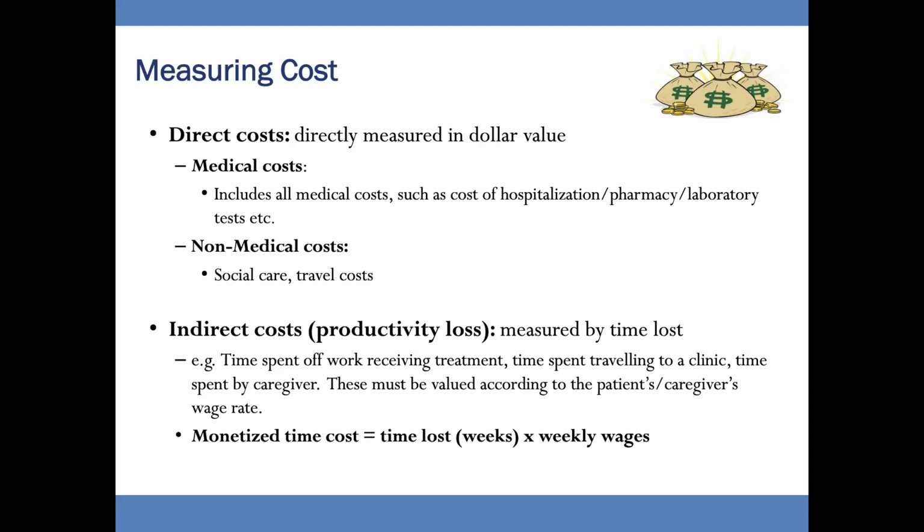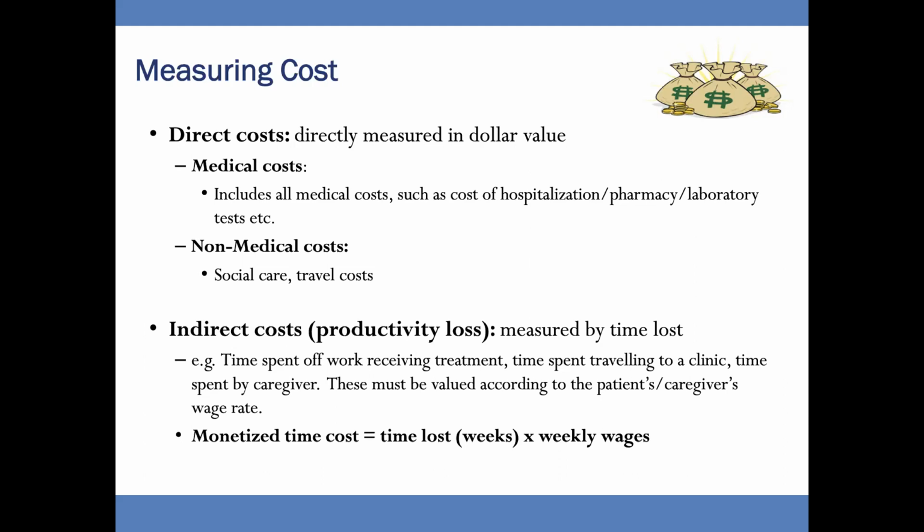But for cost effectiveness, when you do the analysis, the cost should be measured in dollar value. So after you estimate the time lost due to the intervention, you need to convert it into dollar values. The way we do that is normally we multiply the time loss by some kind of wage for that person.